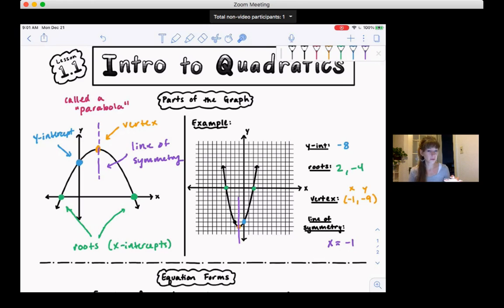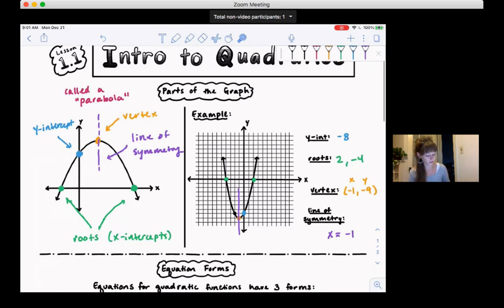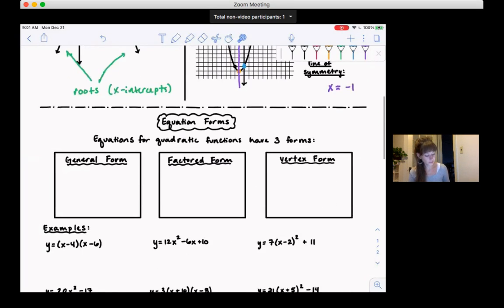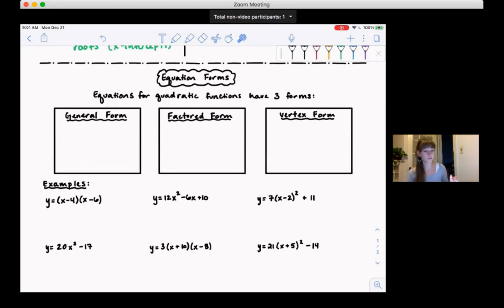And in this unit, basically what we're going to be doing is connecting these parts of the graph to different forms that quadratic functions can take, their equations can take. So there are 3 different forms for the equations of quadratic functions. The first form is called general form, and it looks like this.